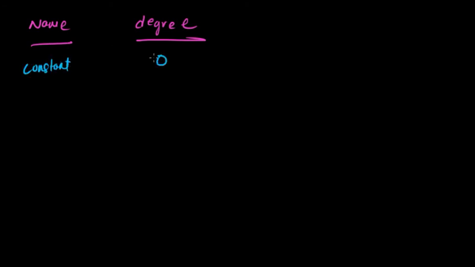It'll be best to give you a chart so you can understand it a little better. We'll put name and degree. So it's called a constant when the degree is 0.